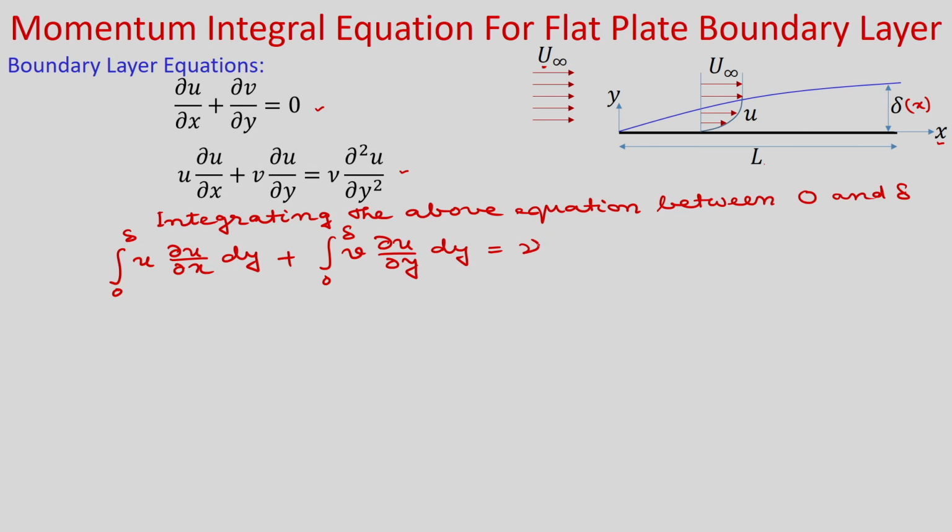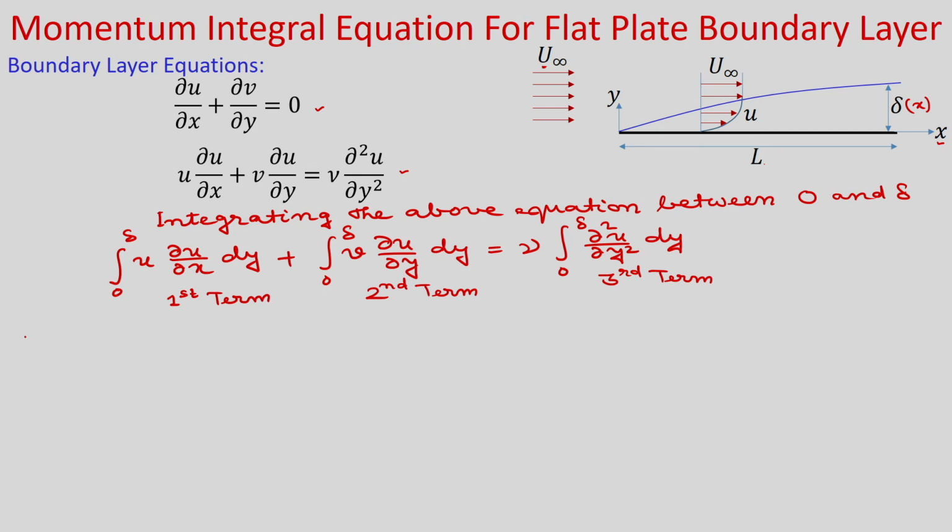Nu is constant, so we can take it outside the integral 0 to delta del 2 u by del y square dy. So, this is the first term, this is the second term in the left hand side and this is the third term. Now we will evaluate this integral one by one.